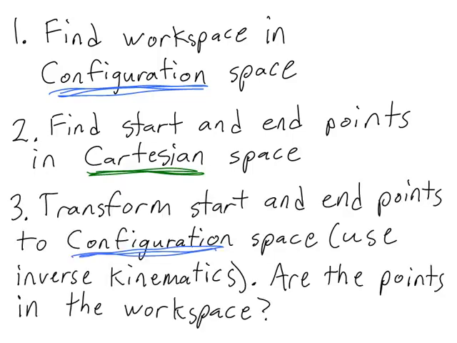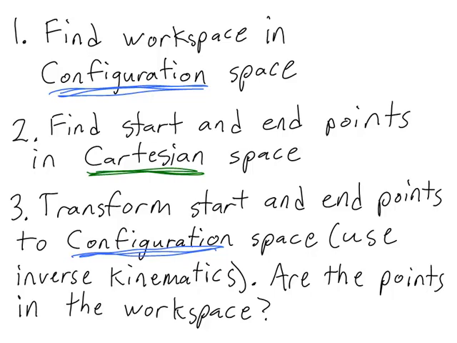Step 3 is to transform those start and end points which you defined in Cartesian space over to configuration space. You do this by using the inverse kinematics. The reason why you want to do this is because you need to make sure that those points are in the workspace. And remember that you have found the workspace in configuration space.